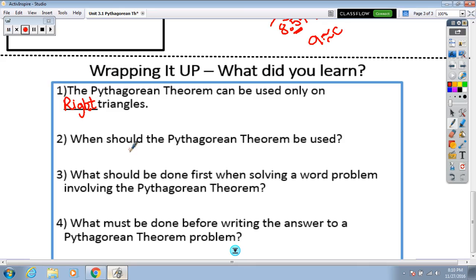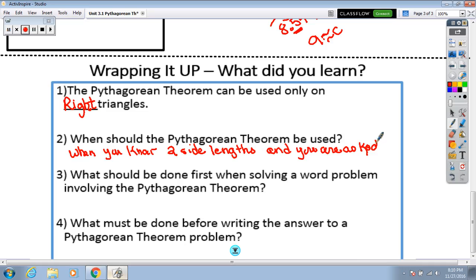Number 2, when should the Pythagorean theorem be used? Okay, the Pythagorean theorem should be used when you know 2 side lengths, and you are asked to find the length of the third side.